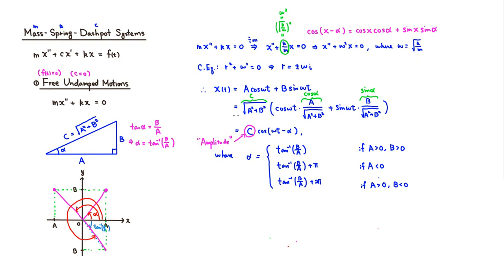That C value determines the amplitude of that cosine curve. And alpha is called the phase angle. And omega here is called the circular frequency.